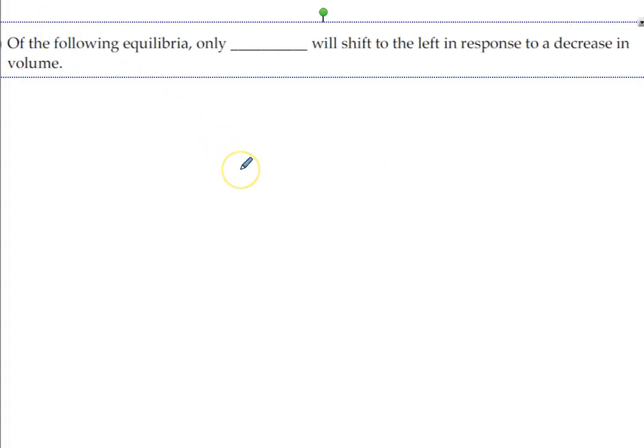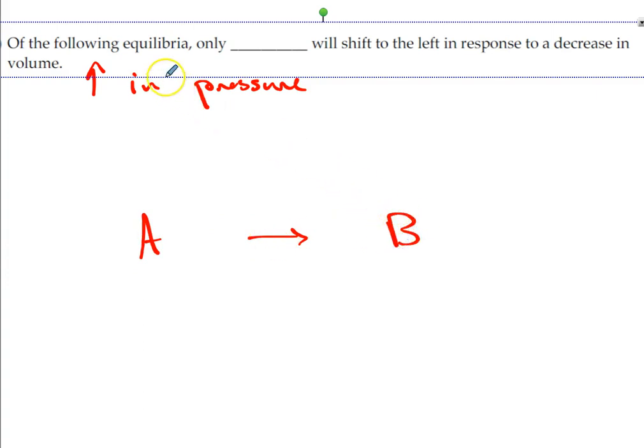Of the following equilibria, only blank will shift to the left in response to a decrease in volume. A decrease in volume really means an increase in pressure, right? So if it's an increase in pressure and it's shifting left, let's say A and B, then A must have less moles and this must have more moles.